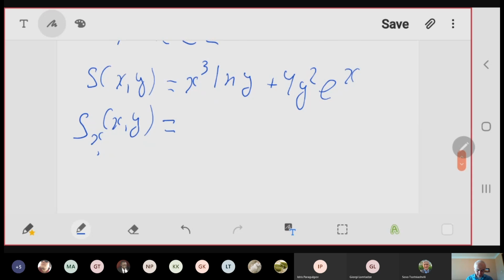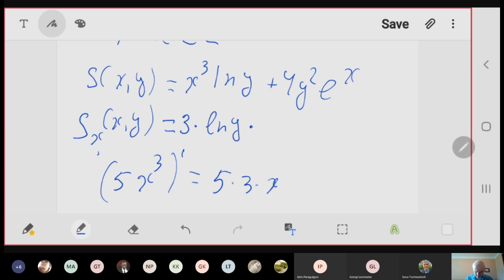Because, for instance, take 5 times x cube. 5 is constant. We will move out 5 and the derivative will be 5 times 3x square. And the same we have here. ln y is constant. We can move it out and our result will be 3 times ln y times x square.